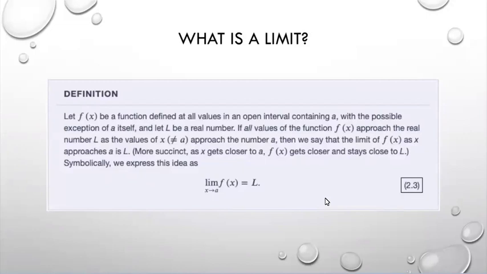Then we say that the limit of f of x as x approaches a is L. Okay, more succinctly, as x gets closer and closer and closer to a, then f of x gets closer and stays close to y equals L.